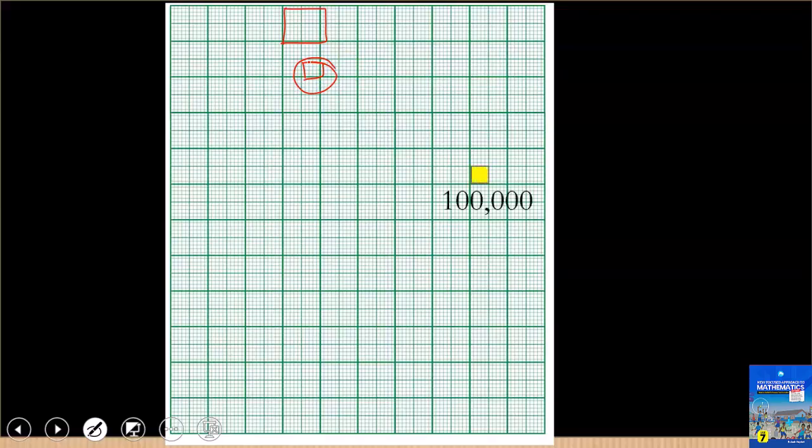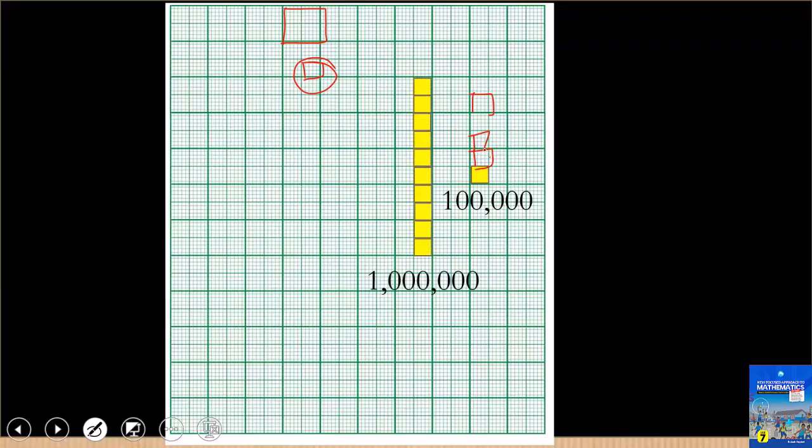Now we want to use the first small, or maybe any of the small squares like this one, to represent 100,000. In that case, if I arrange 10 of these on top of each other, then I'm going to get 1 million.